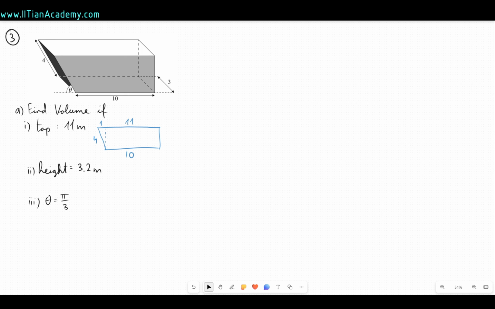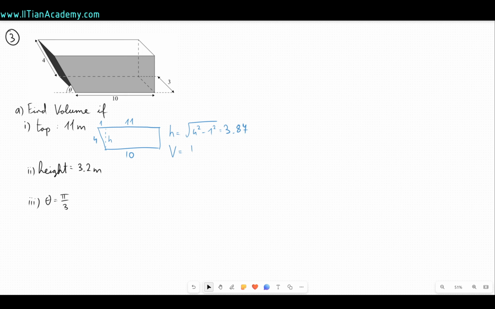For that, we will need the height of the trapezoid. So let's call this height h. The height we can calculate with Pythagoras is simply the square root of 4 squared minus 1 squared. This will be like 3.87 if we plug it in our calculator. And then the area of the trapezoid, we can already write the volume.